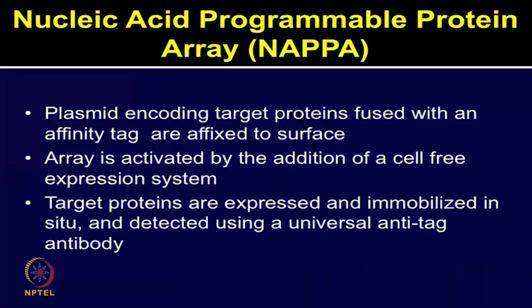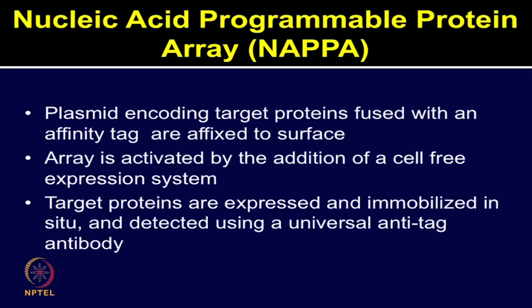The NAPPA technique minimizes direct manipulation of proteins and has enabled interactions to occur in a mammalian milieu by using the proper promoter sequence and cell-free expression based on rabbit reticulocyte lysate. Let us discuss the nucleic acid programmable protein array to see how these arrays can be generated.